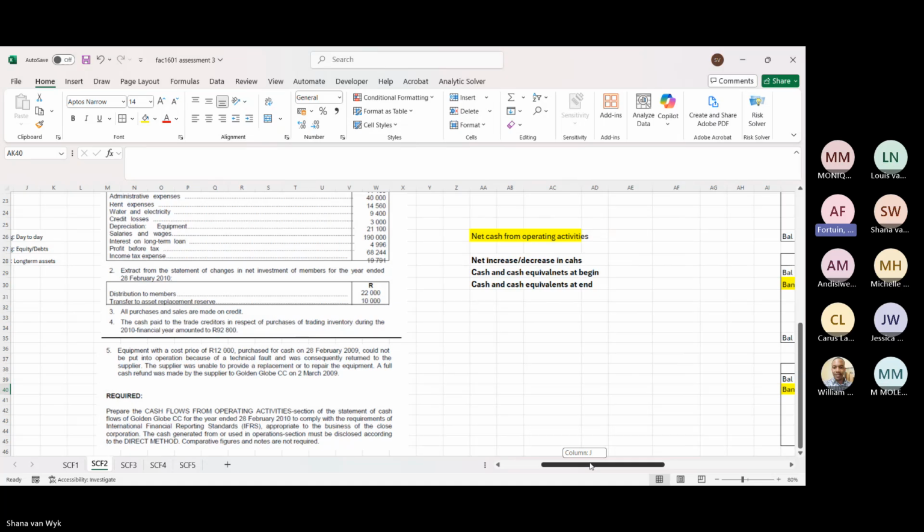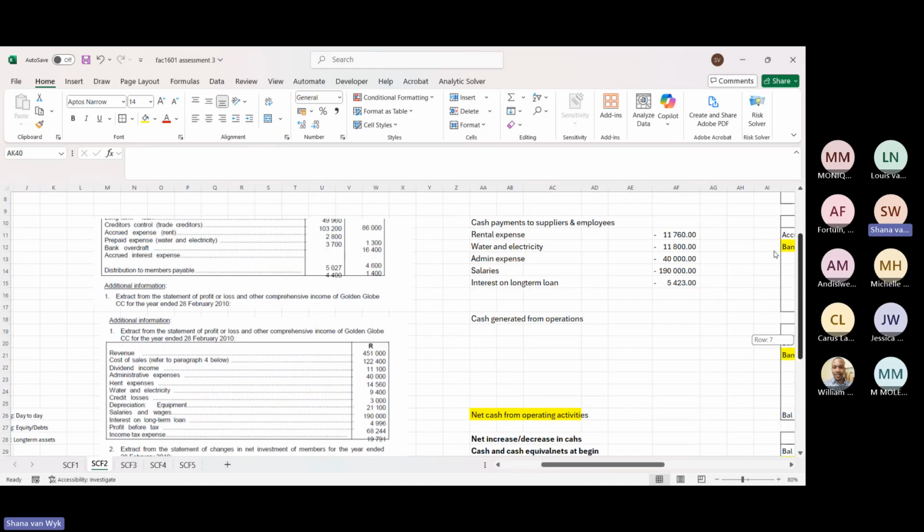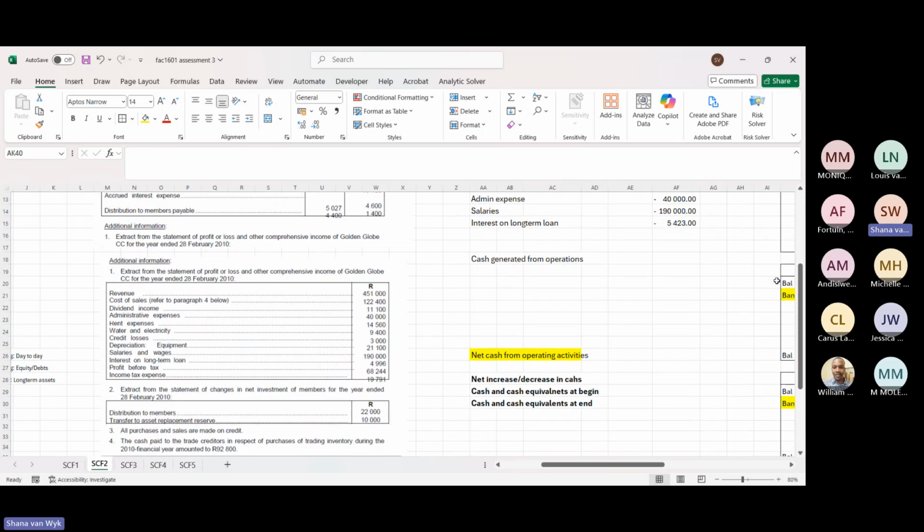Distribution to members, is there a T account for that? Let's see. Quickly check. I'm just going to scroll up. Yeah, that one should have. Okay, because there's no distribution payable as well. Now, let me quickly just check.